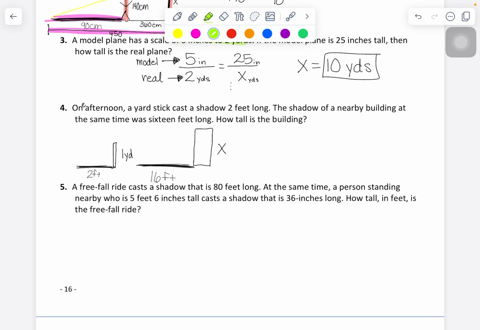Now again, because of the light source coming down from the sun, we end up with these similar triangles because, again, we assume that things stand straight up and the sun hits them at the same angle. So I match up my corresponding parts, shadow with shadow, height of item with height of item.